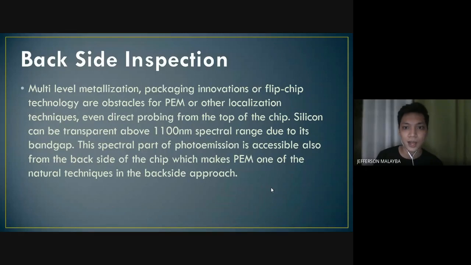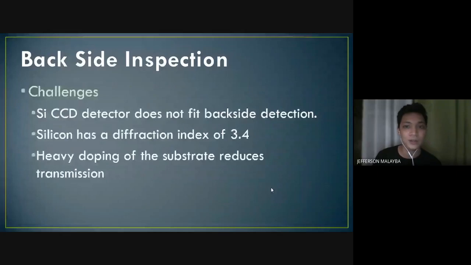So, the next one. Ayan. Here are some of the challenges of backside inspection. Silicon CCD detector does not pick backside detection well because its function is based on light absorption in silicon, which is the complementary effect of transparency.